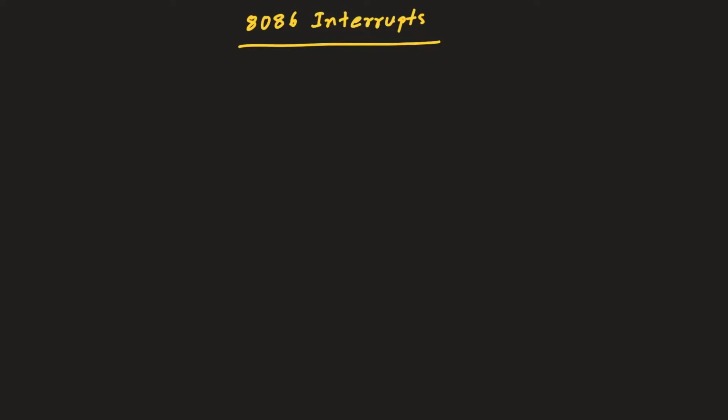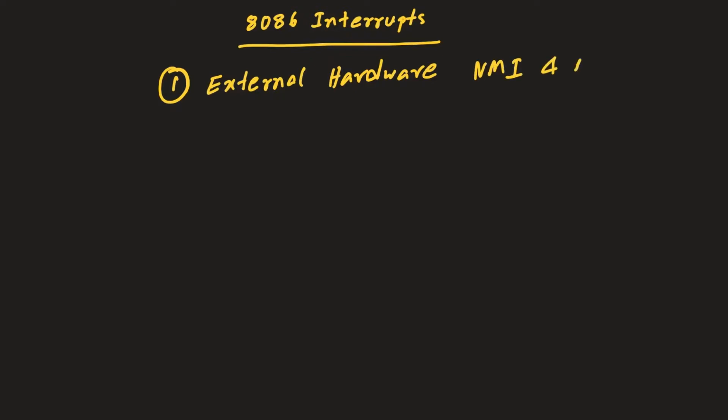In this video, we are going to discuss the interrupts of 8086. Now, in 8086, the interrupts may be because of three reasons. One is from an external hardware using the pins NMI and INTR.